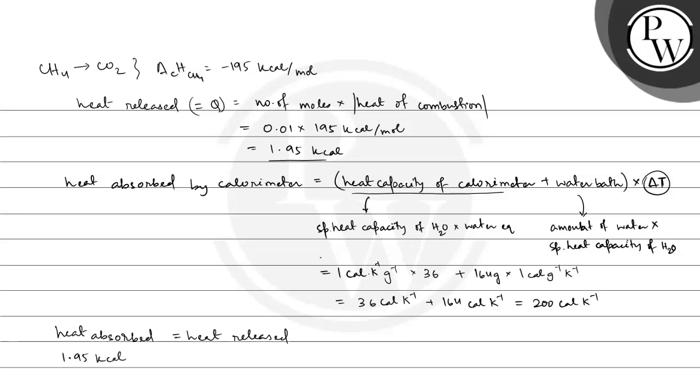Heat absorbed is the heat capacity of the calorimeter multiplied by delta T. So this is 200 calorie Kelvin inverse multiplied by delta T, which is equal to heat released, that is 1.95 kilocalorie.